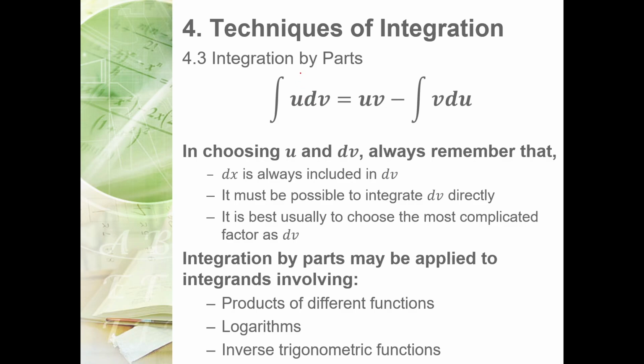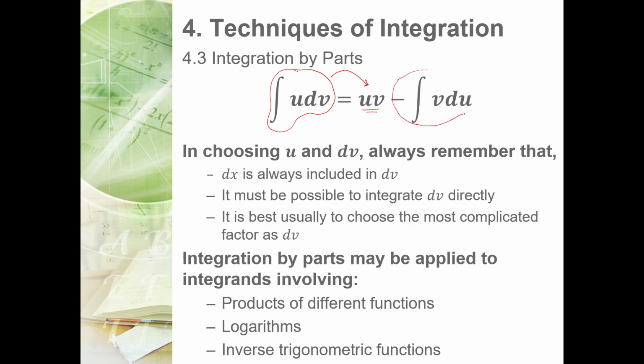So the left part is the format of your integral equation. That should be the format. And on the right side, this is the corresponding answer for this format. As you can see, we have uv, then we have another integral, which is minus v du.